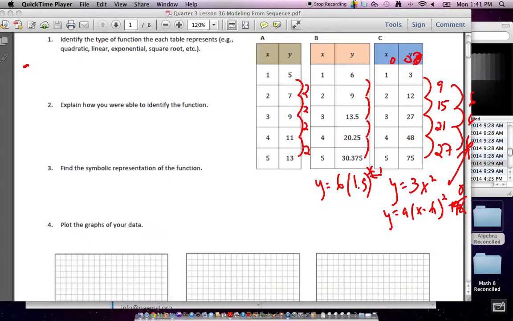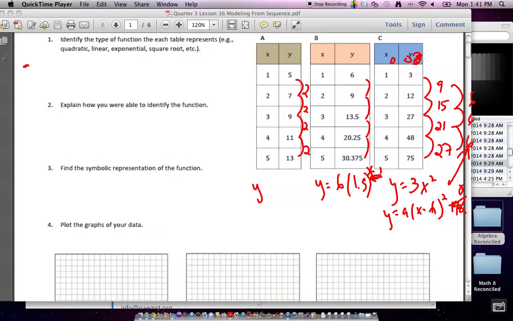And we spent a lot of time the other day talking about why that exponent is x minus 1 and not just x. Where did you get the 1.5? The common ratio. 9 divided by 6, 13.5 divided by 9 will always come out to 1.5. And likewise, as this uses a common ratio, the x minus 1.